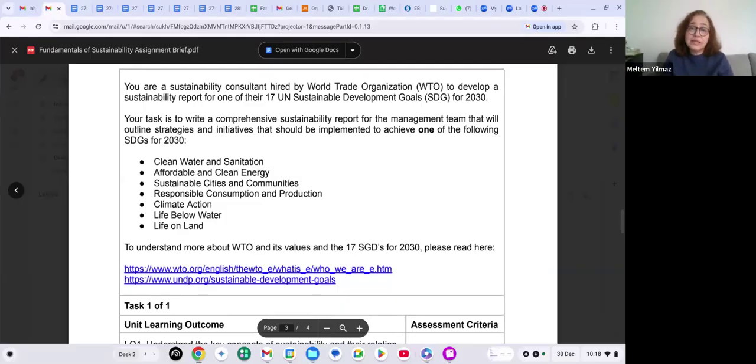The goals are clean water and sanitation, affordable and clean energy, sustainable cities and communities, responsible consumption and production, climate action, life below water, and life on land. To understand more about the World Trade Organization, its values and the 17 Sustainable Development Goals for 2030, please read the following links and reports as well.